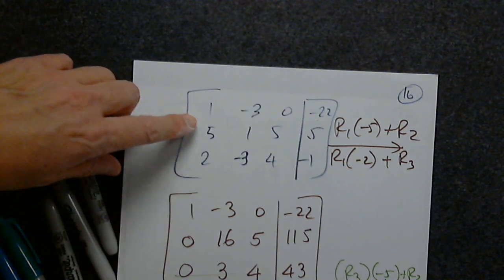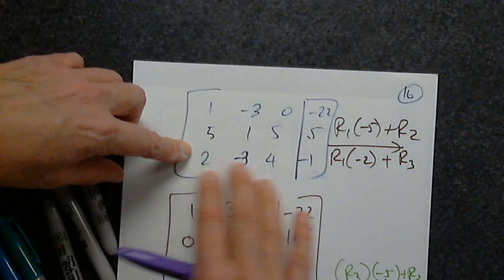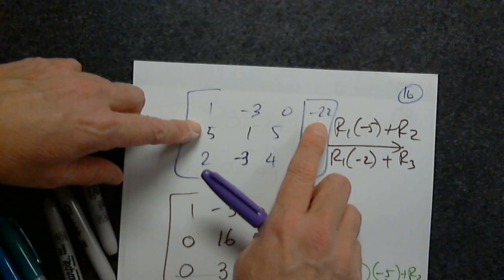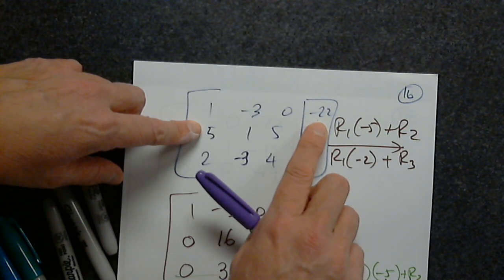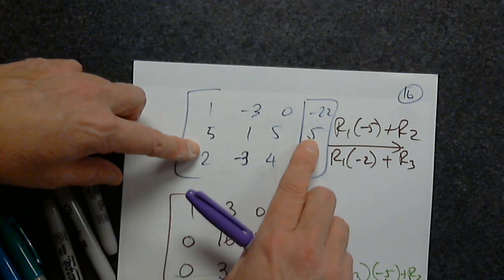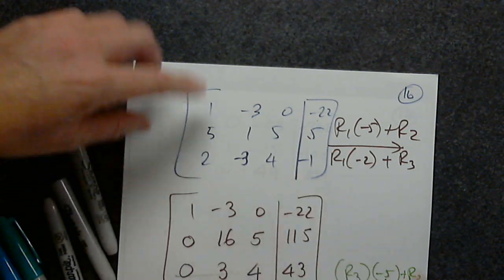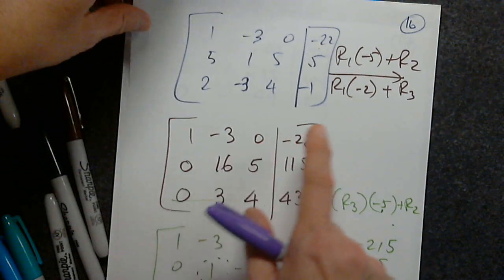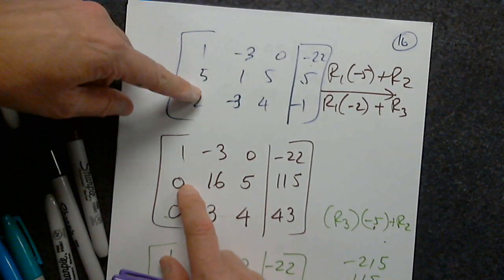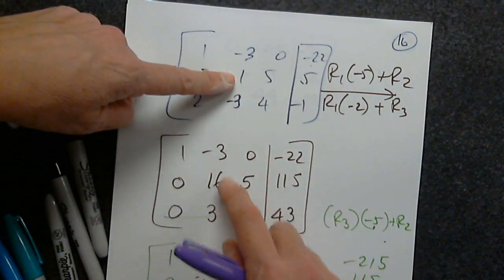It's up to you. So, Becca, can you make sure that it's 1, negative 3, 0, negative 22? Is it 5, 1, 5, 5? And 2, negative 3, 4, negative 1? Okay. So then we multiply by negative 5. This was indeed 15 plus 1, 16.